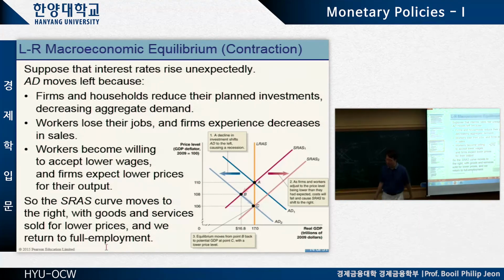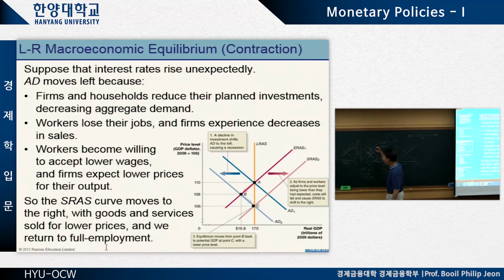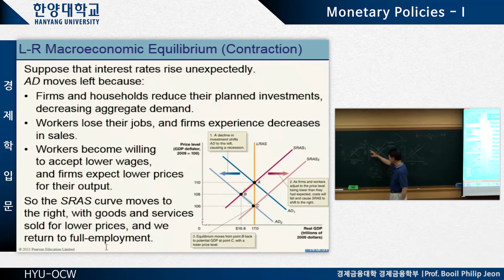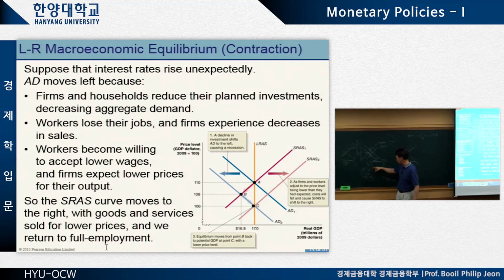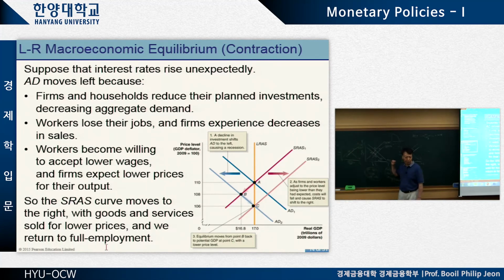So here, if you look at this, you can understand it, right? The prices may go up or down in the adjustment depending on the demand and supply, but ultimately the real output, real income, real employment will stay the same in the long run.